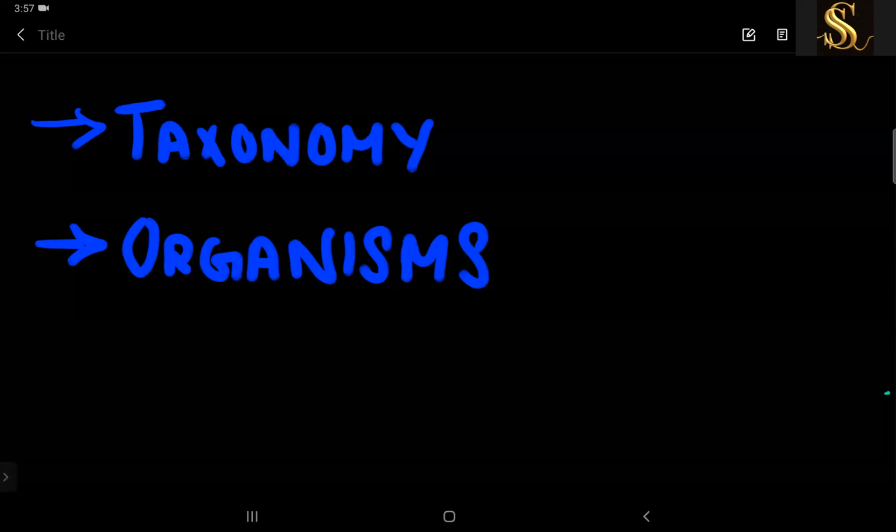Taxonomy is the science of defining groups of biological organisms on the basis of shared characteristics and giving names to those groups. Organisms: one of the definitions of organism states that it is a form of life composed of mutually interdependent parts that maintain various vital processes.